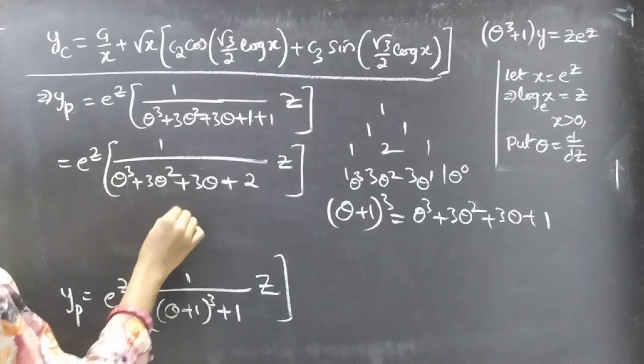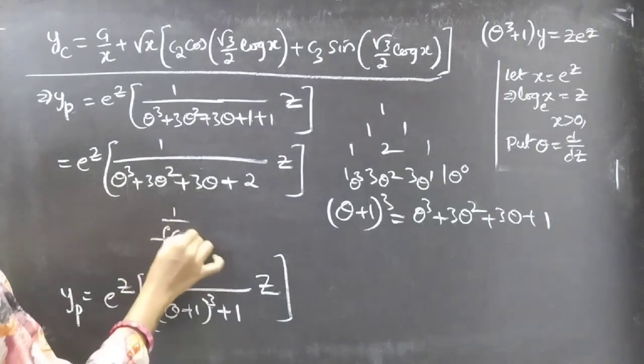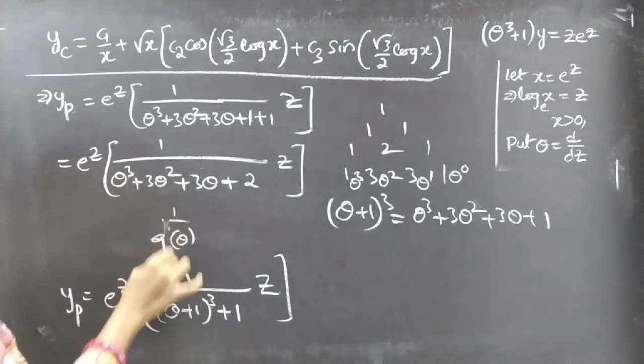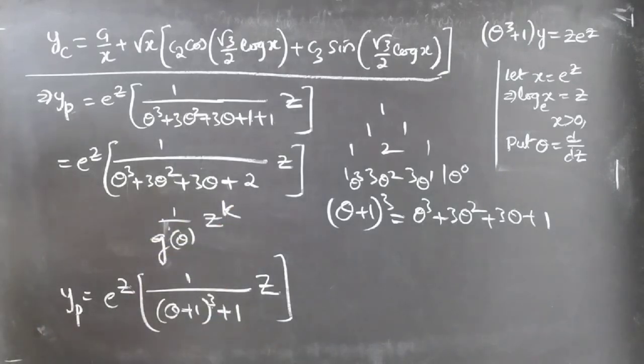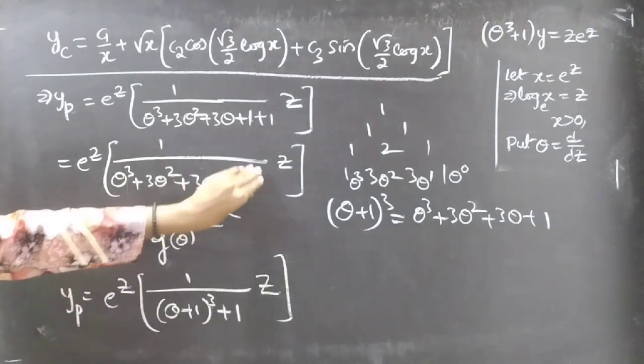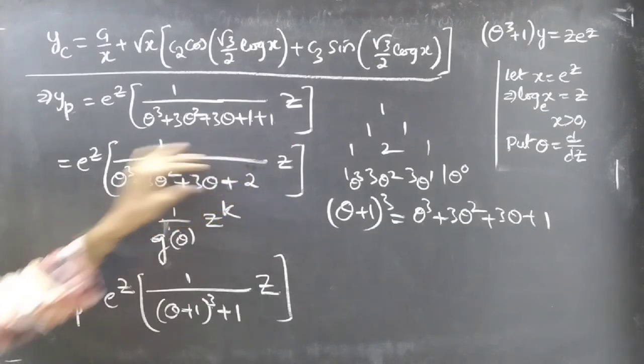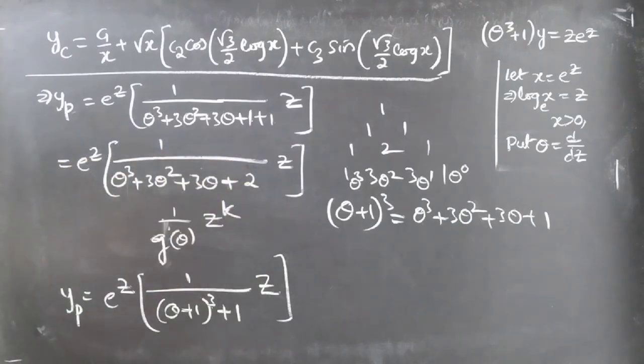See, this is of 1 by some function of theta into z power k form, right? So here we'll take the lowest degree term common from all the 4 terms.